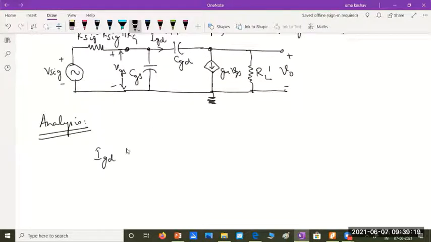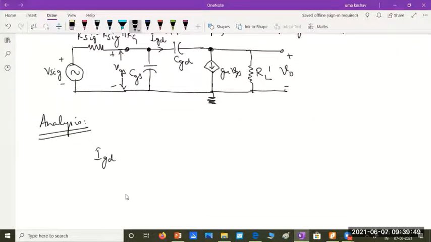If I write an expression for this gate to drain current in terms of this capacitance, then I can replace this capacitance by writing it from gate to ground, and I can remove this connection. Then the whole circuit would be simplified. The main problem here is the input and output side are connected with this capacitance. If we are able to separate the input and output side, our analysis becomes very simple.